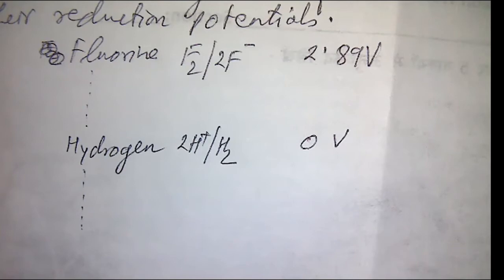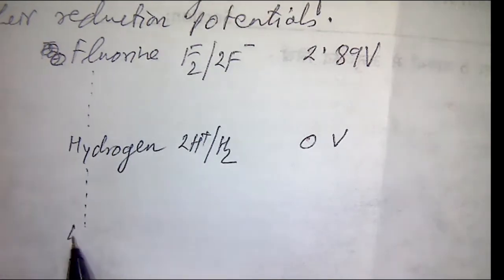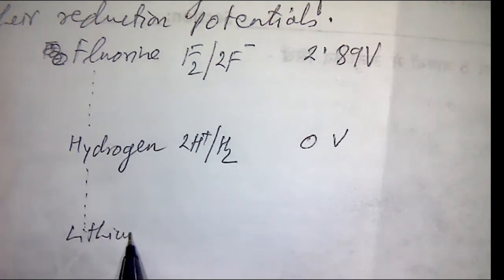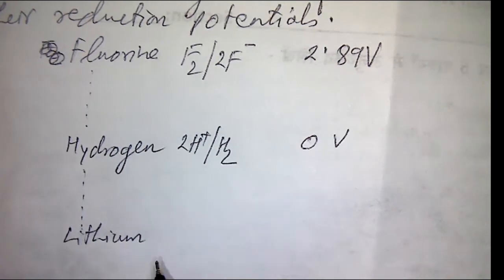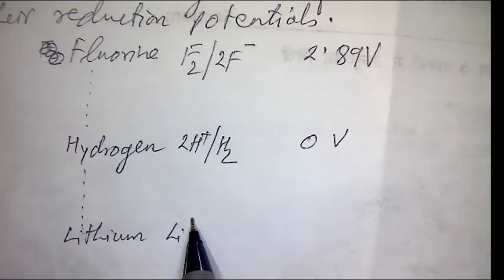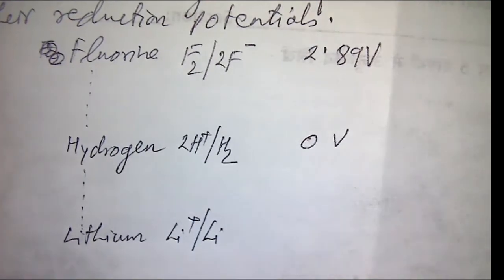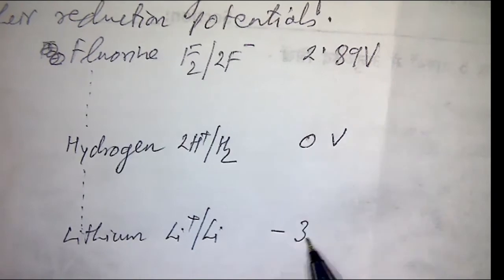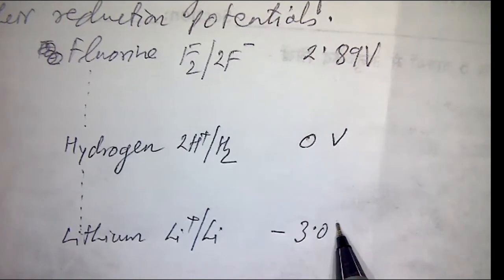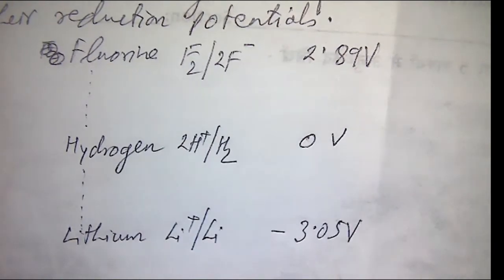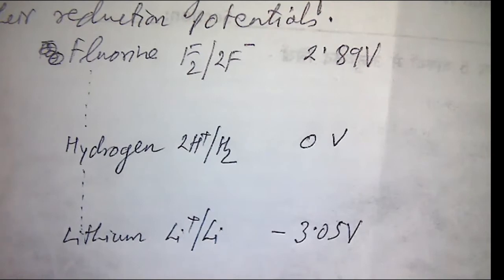As we reach the lowest one, then the lowest one will be lithium. Lithium is Li plus/Li, and this will be minus 3.05 volt.